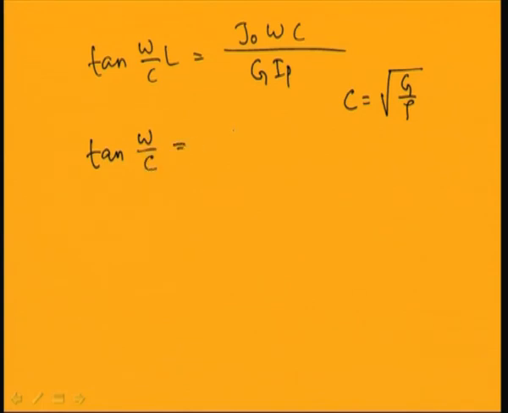So this is J0 into, for the c I can substitute root over G by rho, and this is G Ip.